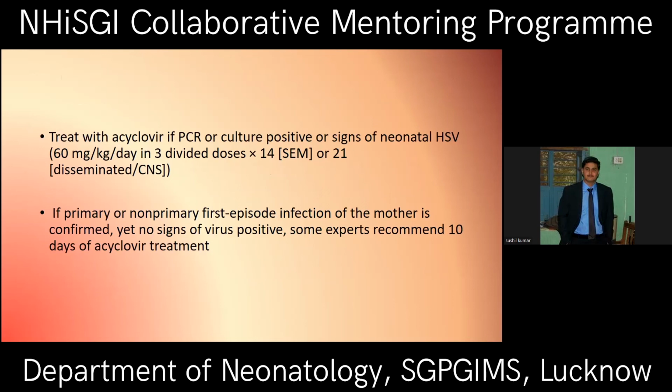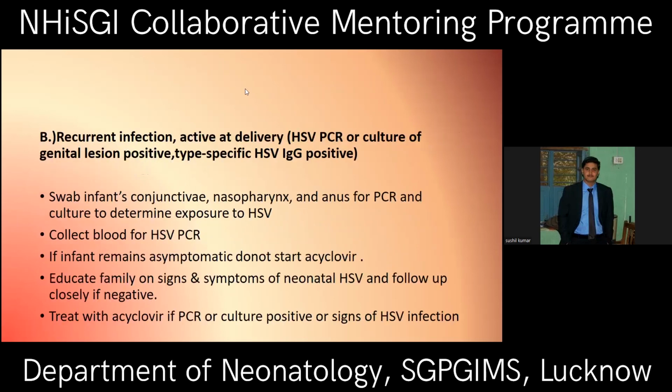If primary or non-primary first episode infection of the mother is confirmed, but the baby is serologically negative and the cultures are negative, some experts recommend preemptive treatment with 10 days of acyclovir therapy. But in these patients, parents should be explained about the type of skin rashes, and they should be asked for close follow-up up to 6 weeks of age. So this is the first category of patients.